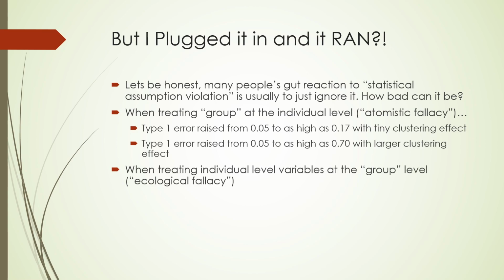All right, so let's look at this the other way. Instead of looking at individual level outcomes, let's put everything at the group level, which has been dubbed the ecological fallacy. For this, because I'm no longer studying individuals, I'm now studying groups, I have a much smaller sample size and my statistical power is reduced, potentially drastically.